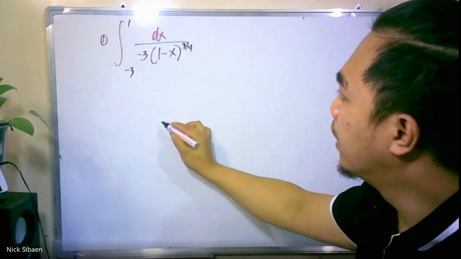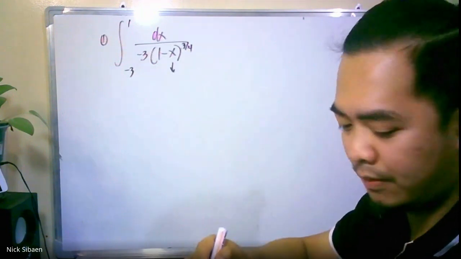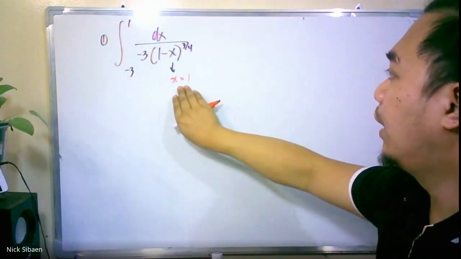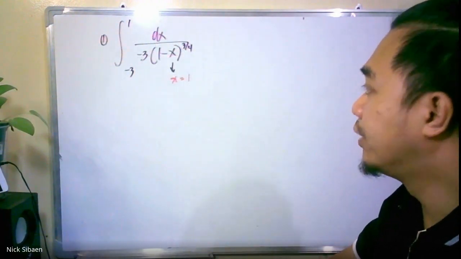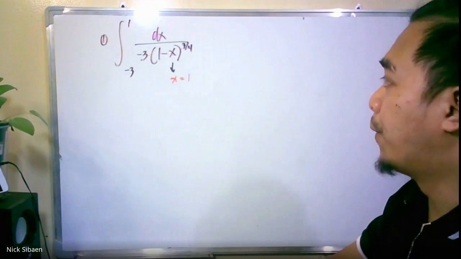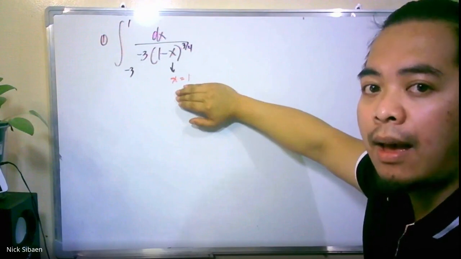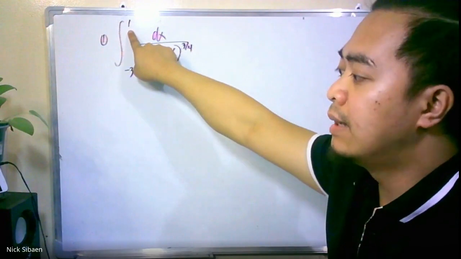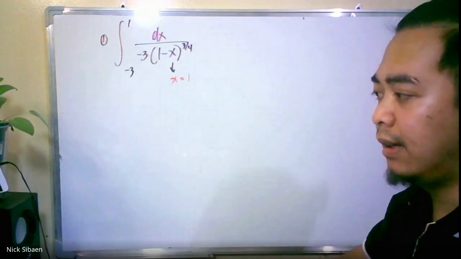That happens if x is equal to 1. So kapag iset natin na ang x natin ay 1, itong buong function ay undefined because that will give us a quotient na 1/0. Itong x equal to 1 na ito is an asymptote even without looking at the graph. And it happened to be one of the limits. So I know now that this is a type 2 improper integral.